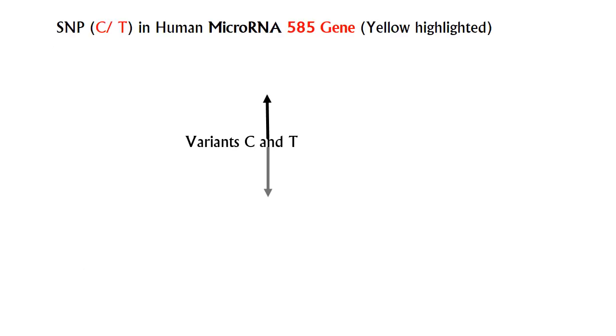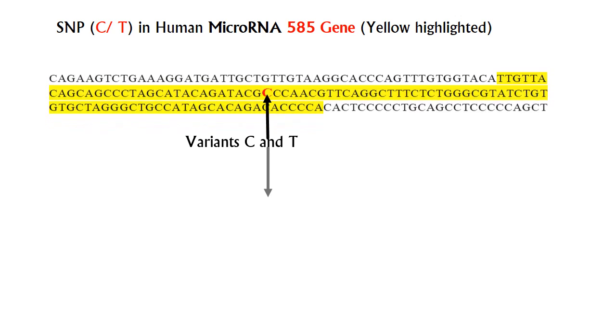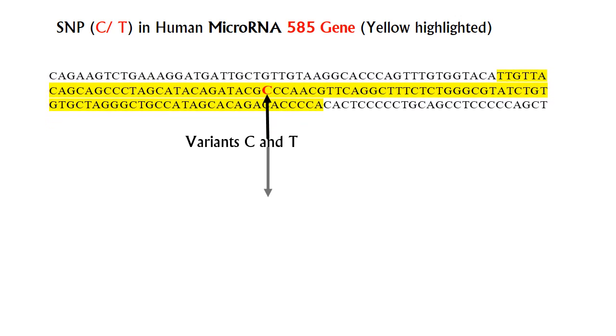Let us consider the human microRNA 585 gene. This is the human microRNA 585 gene. We can see, pointed by the arrow, that this gene has a C nucleotide present at a specific location.